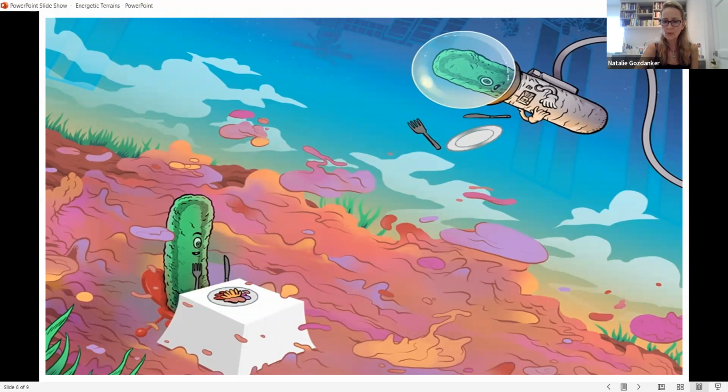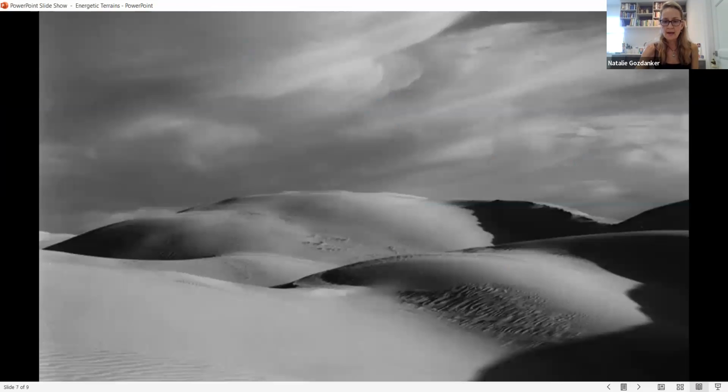So what are the terrains? Basically, the terrains are the landscape, so to say, of the body. Those energetic errors that we were talking about before happen on the level of the energy field in the body, and in NES we refer to them as energetic terrain or the landscape of the body.